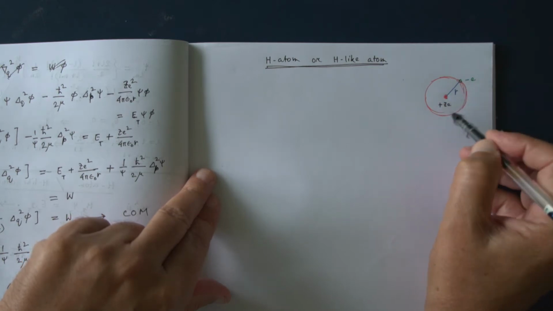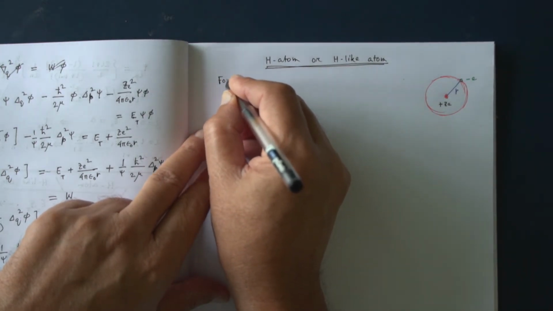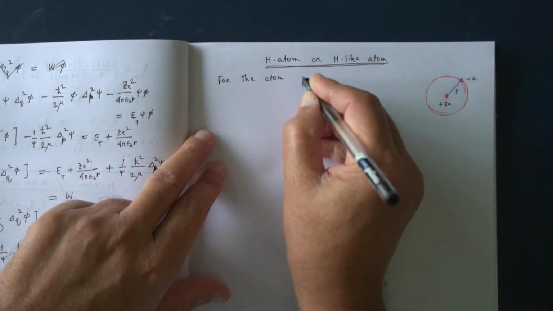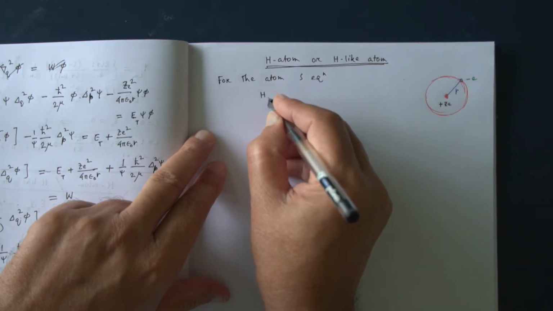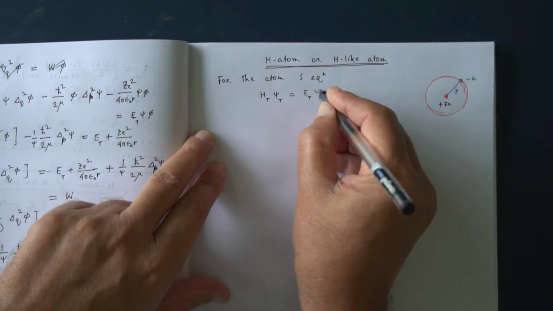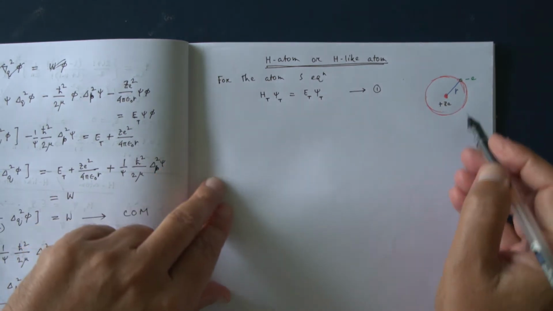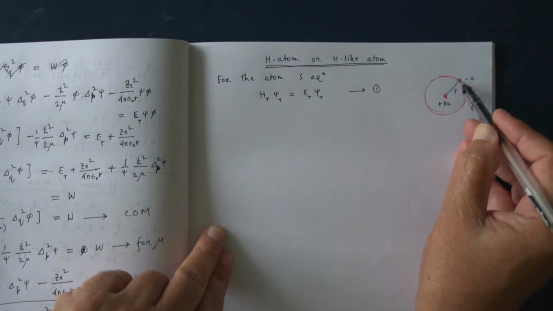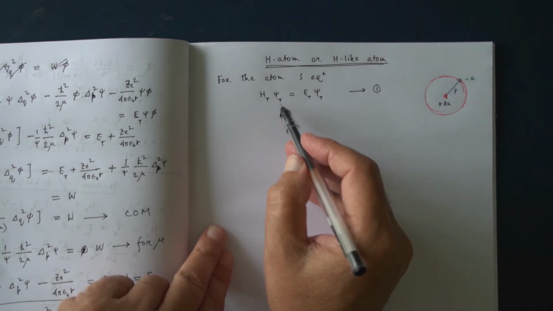Now, for the complete system, for the atom, the Schrodinger equation, let us write it like this: H_T psi_T equals E_T psi_T. This is equation number 1. For the complete atom, meaning nucleus and electron.